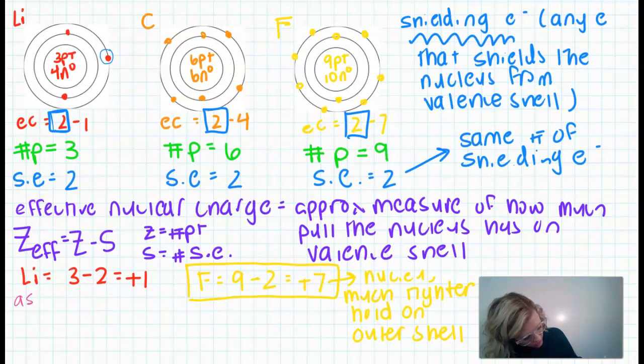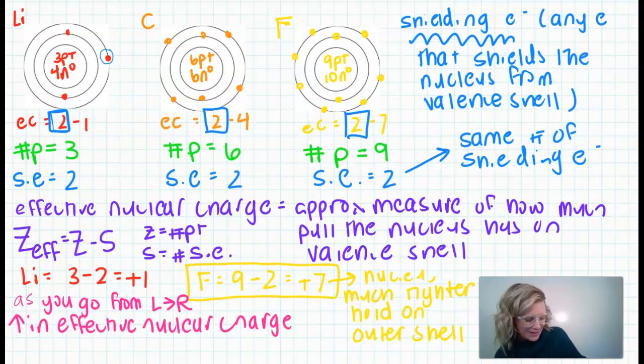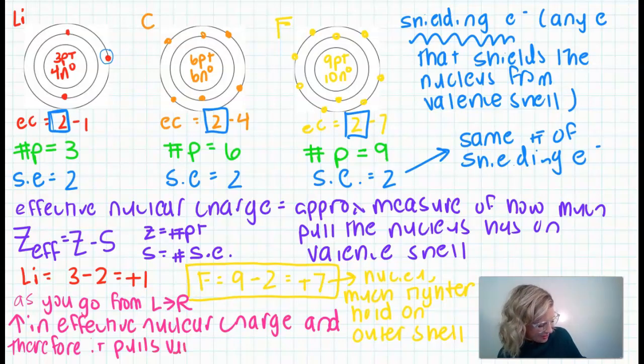So as you go from left to right, there's an increase in effective nuclear charge, and therefore it pulls the valence shell closer.